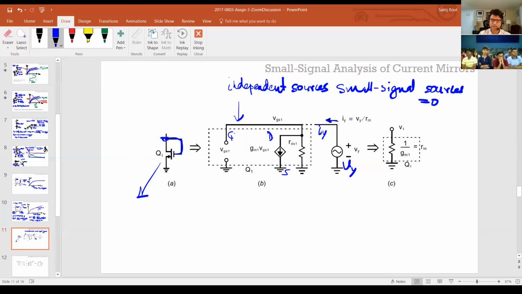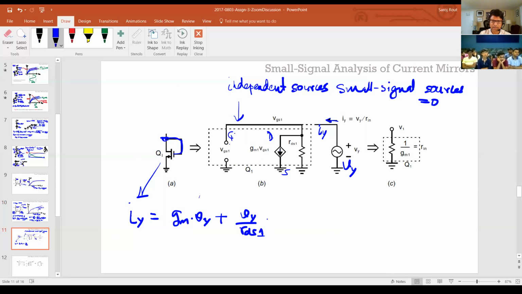So if I do the same experiment here and I find out what Iy is, Iy is nothing but, if I sum these two currents, this is GM1 times VGS, which is nothing but GM times Vy, right? Because the gate to drain are shorted here. So that's GM times Vy plus Vy over the output impedance of that transistor.